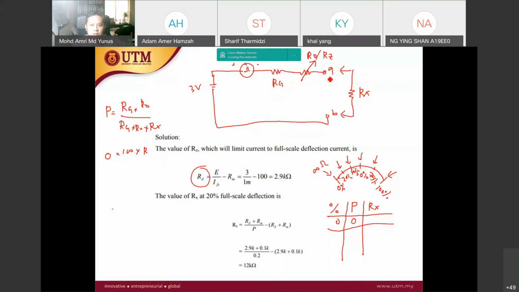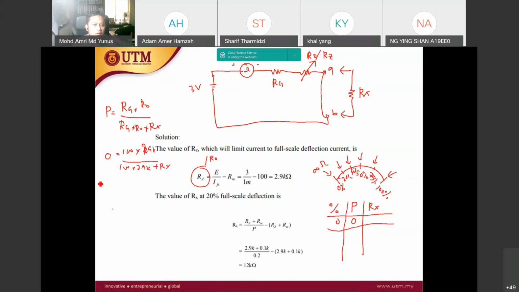Rz is when you short circuit here, Rx is equal to 0. When Rx is equal to 0, Rz or Ro is 2.9 K, a fixed value. So here is 2.9 K over 100 plus 2.9 K plus Rx.